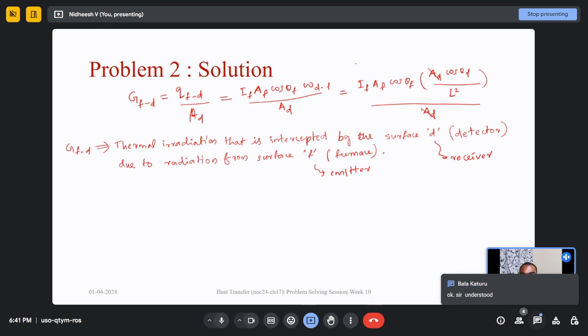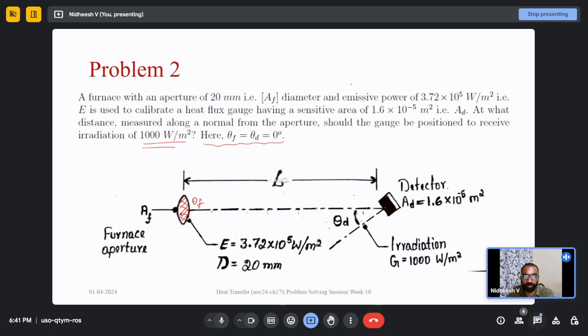Okay. Now IF, intensity of emission from the furnace surface, is not given to us directly, but we have learned that intensity of emission can be written as, if we know the emissive power, emissive power divided by pi, the hemispherical solid angle, right? This is known to us, so we can substitute for IF as E by pi in our expression.